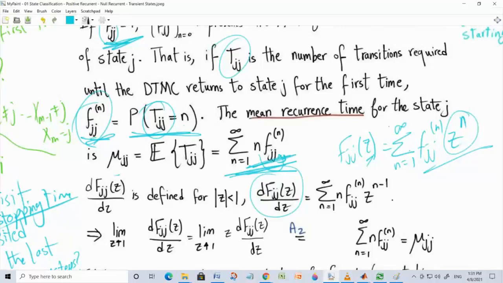Okay, and now are we allowed to interchange the order of summation and differentiation?